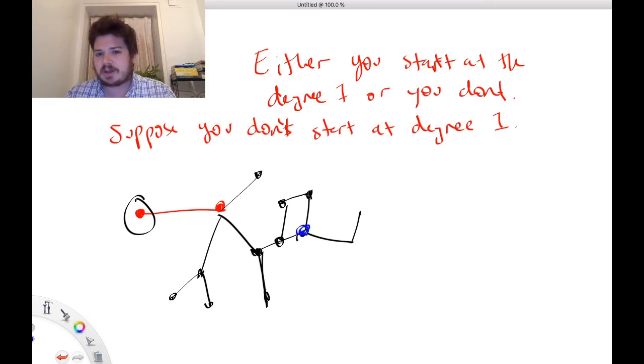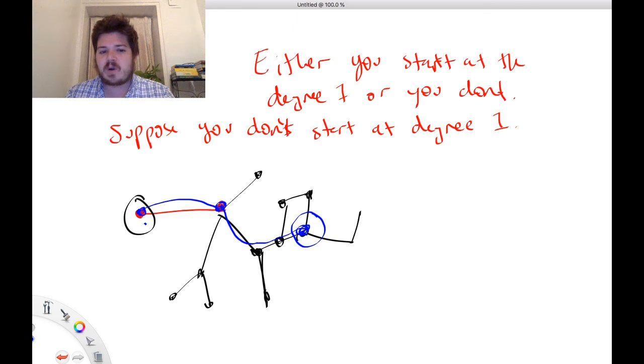Very intuitively, at some point, if there's an Eulerian cycle, you're going to hit this vertex here, and then you're going to cross over this edge. But immediately you can see why there cannot be an Eulerian cycle, because for it to be a cycle, you would need to end at your starting point, right?